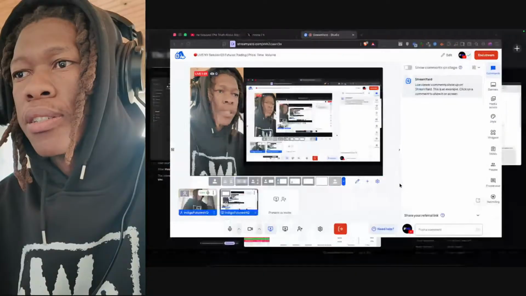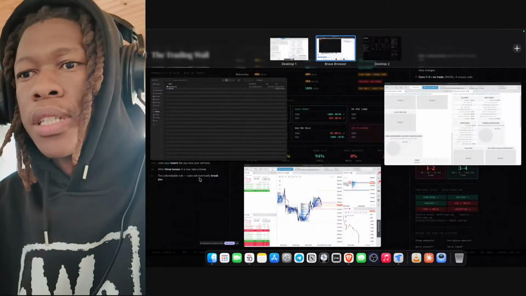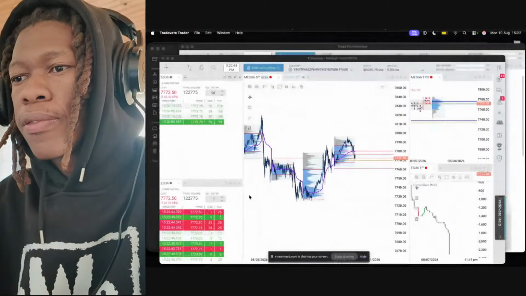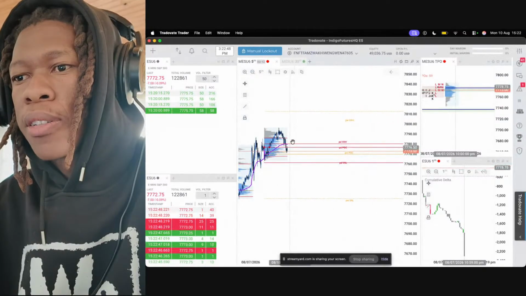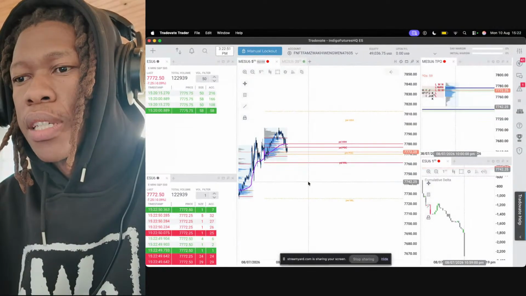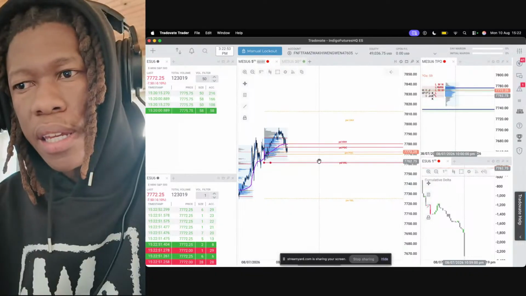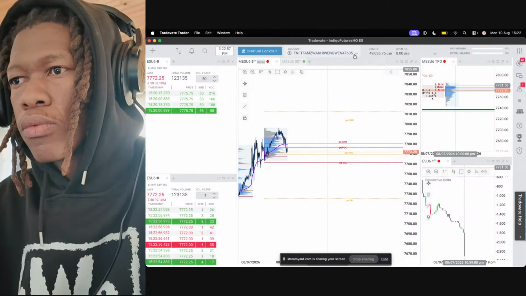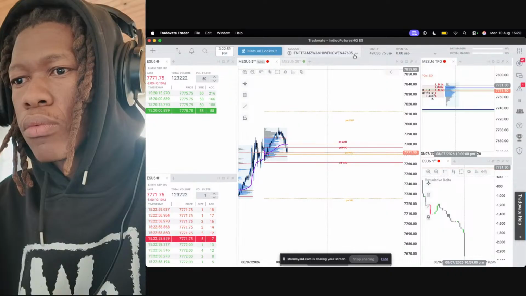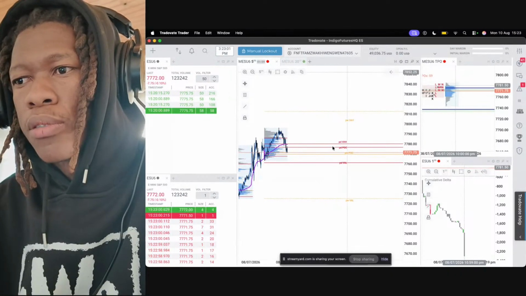Yeah, let's get into it, right? A couple of things that I did over the weekend. Of course, I marked out the previous day values. Well, I marked out the previous week values.